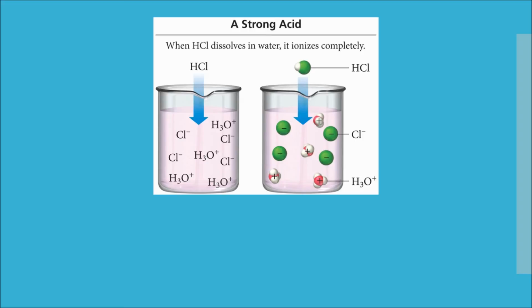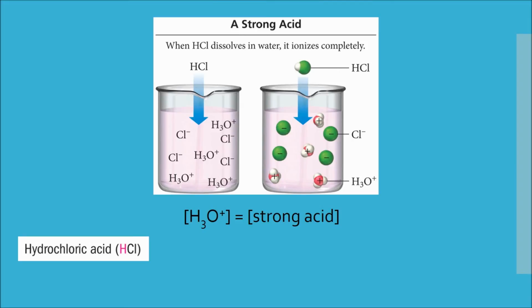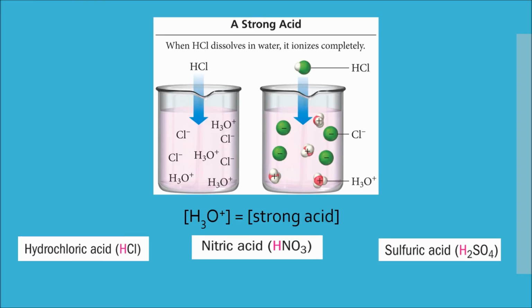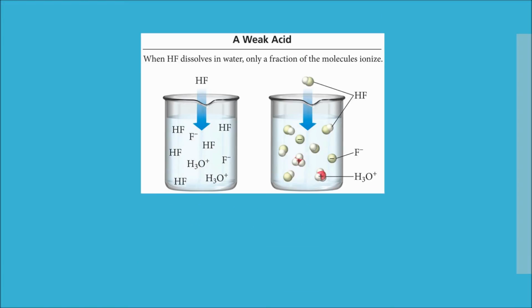Now, we call an acid a strong acid if, when it is placed in water, it completely dissociates to form its ions. So HCl completely dissociates to form H plus. So the H plus concentration is equal to the concentration of that acidic solution. Therefore, if you had 1 molar of HCl, then you will have a concentration of 1 molar H plus ions. So hydrochloric acid, nitric acid, and sulfuric acid are examples of some strong acids.